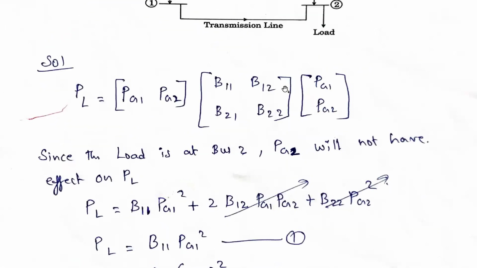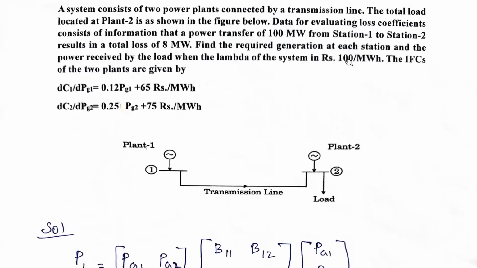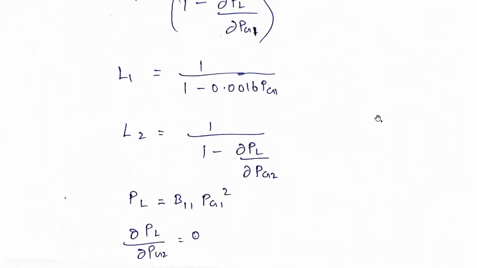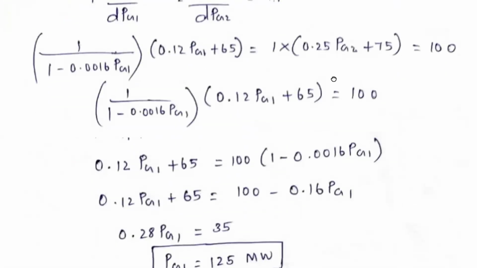Lambda is also given in the problem as 100 rupees per megawatt hour. So that lambda we are substituting over here. Now we need to calculate Pg1 and Pg2. So this part alone, equating it to 0.